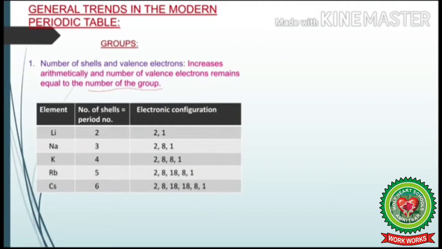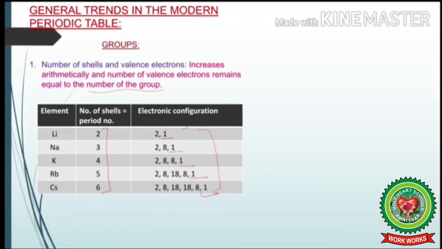If we take elements of the first group, then the electronic configuration of these elements is this, and as you see, the number of shells increases from 2 to 6 as we move down the group, and here the number of valence electrons is equal to 1, which is equal to the group number. So all these elements belong to group number 1 because they have one valence electron in their outermost shell.